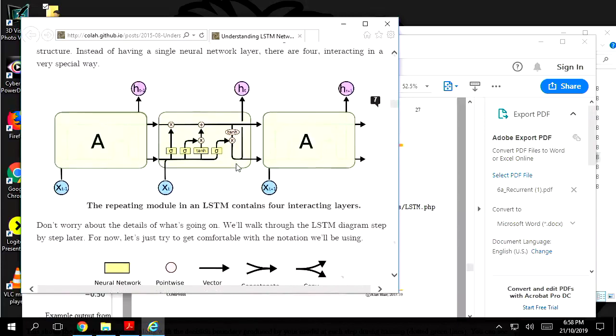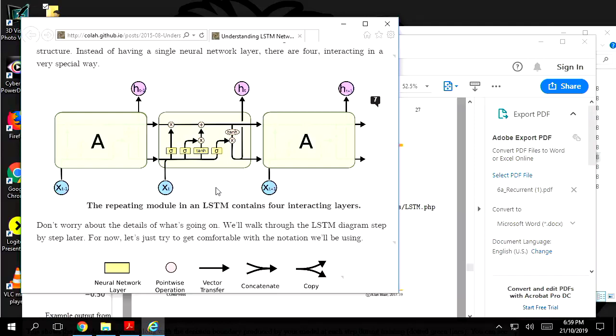Now, the long short-term memory adds some extra complexity. You have these little gating units. You have a forget gate, an incorporation gate, and a remembering gate.